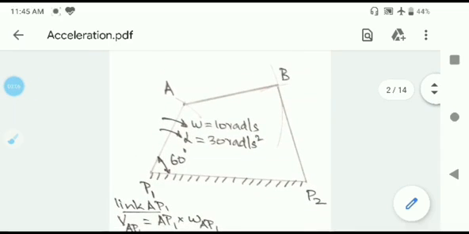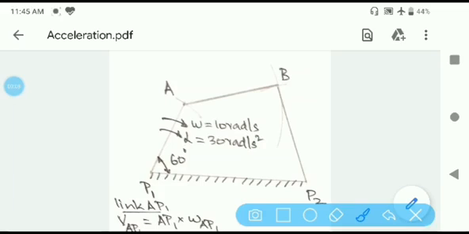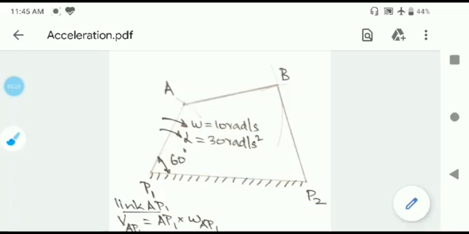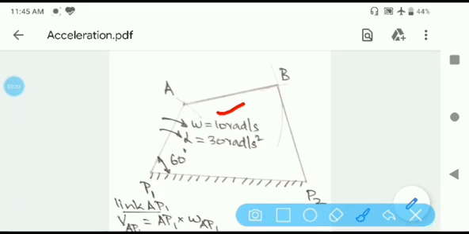What you have is a 4-bar mechanism with link P1P2 as the fixed link. Link AP1 is the crank, link AB is the connecting rod, and link BP2 is the driven link or the output link. You are given the angular velocity of the crank, and also it is given that the angular acceleration of the crank is 30 radians per second square.